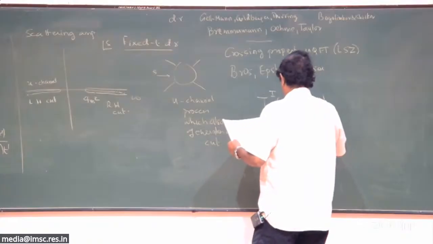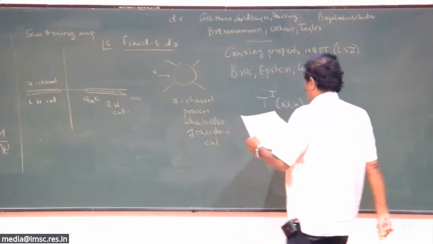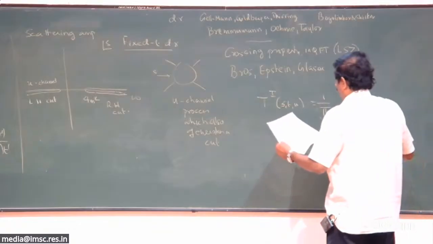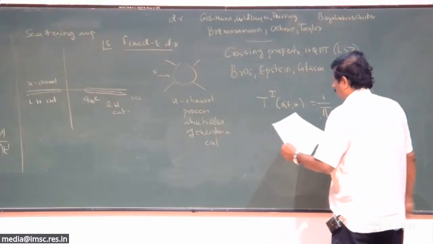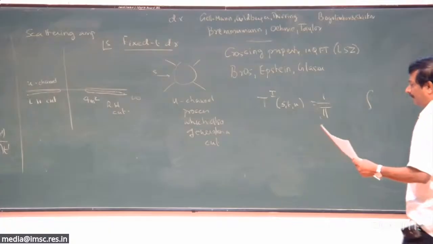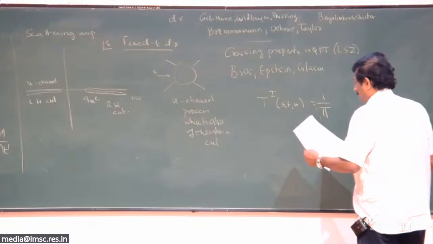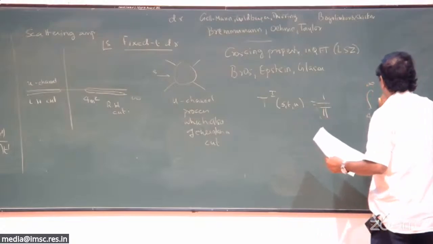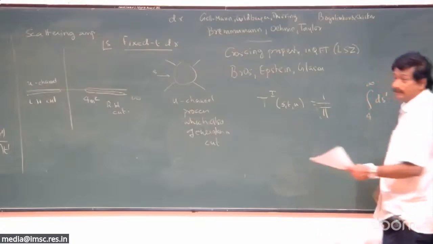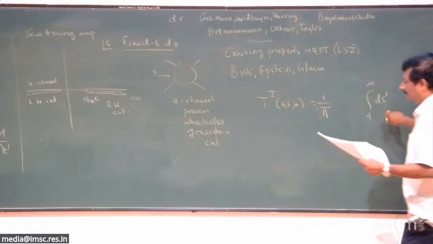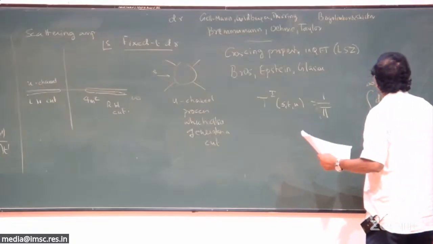1 by pi. Of course, there must be a 1 by pi. And then there's an integral. And where shall I take the integral from? Take the integral from, obviously, 4 to infinity. And there's an energy integral ds prime over what?